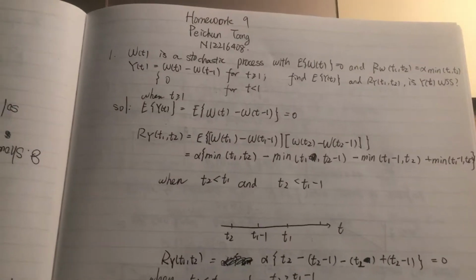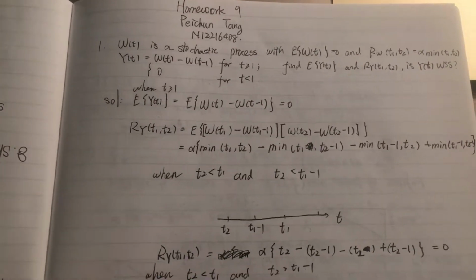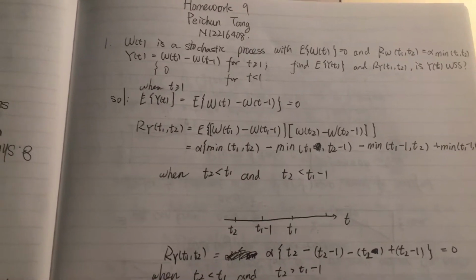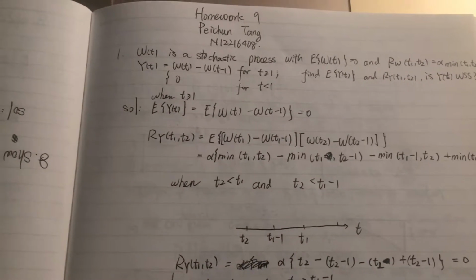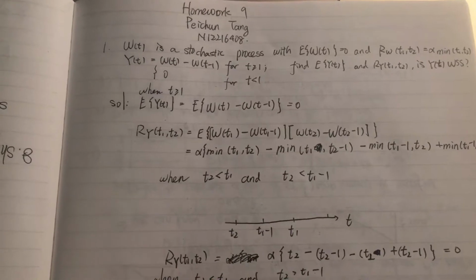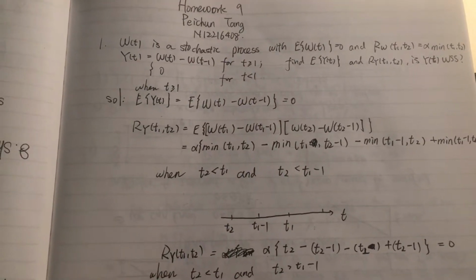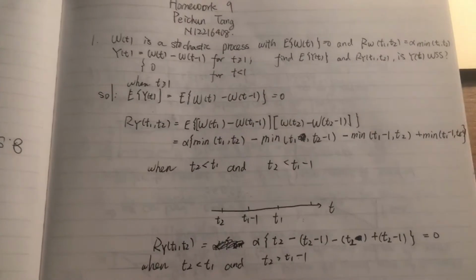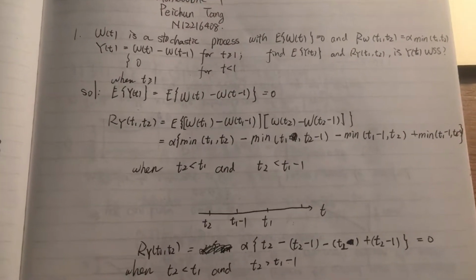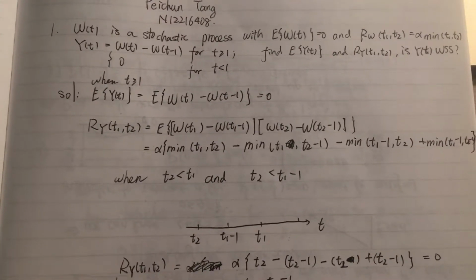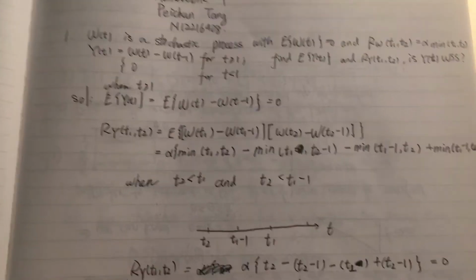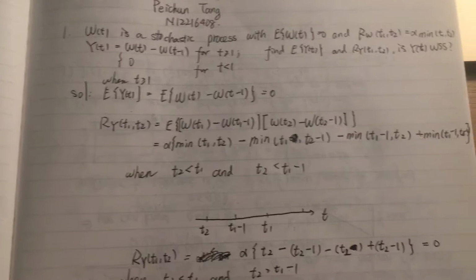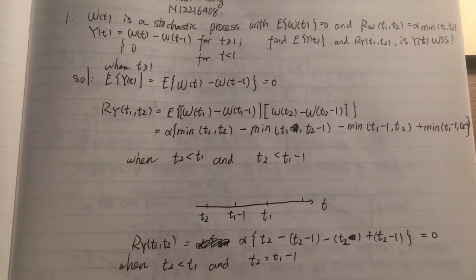We also define Y(t), where Y(t) is equal to W(t minus 1) when t is larger than or equal to 1, and Y(t) is equal to 0 for any time t less than 1. We are supposed to find E[Y(t)] and R_Y(t1, t2) and to determine whether Y(t) is WSS.